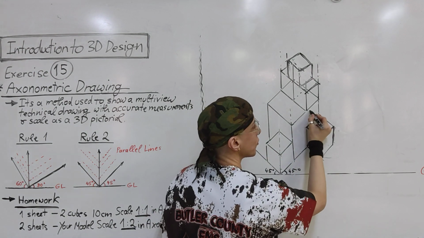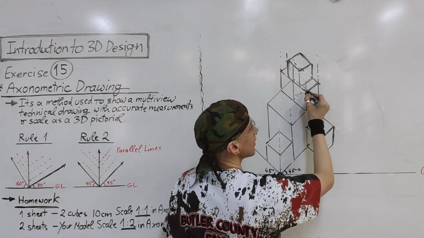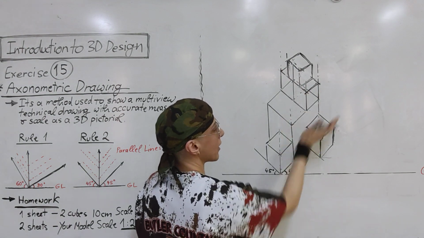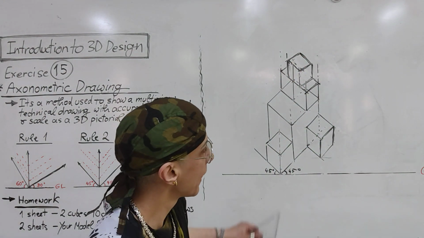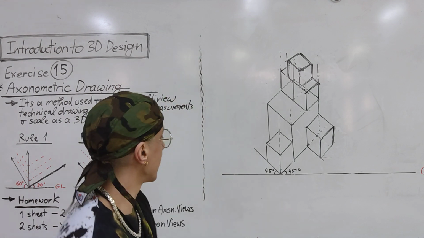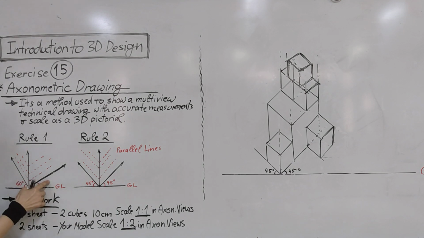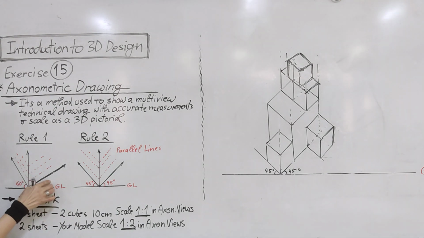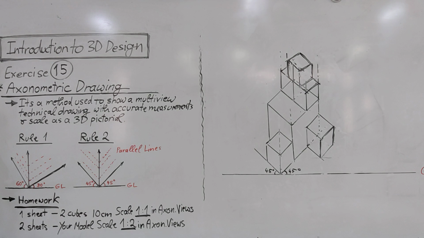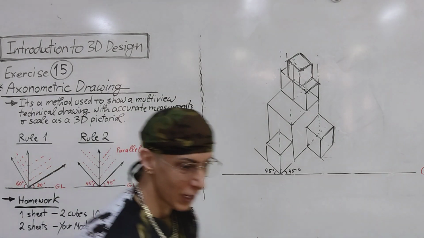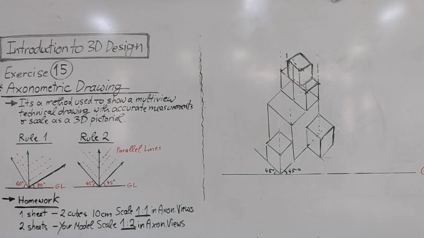If I put here a line, all of them are at 45 degrees from here and at 45 degrees from here. And then you will have to draw your model with this method. Either 60 here, 30 here, or 60 here, 30 here. Both of them are correct, okay? And this is our method for today.